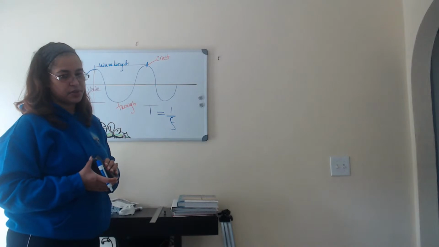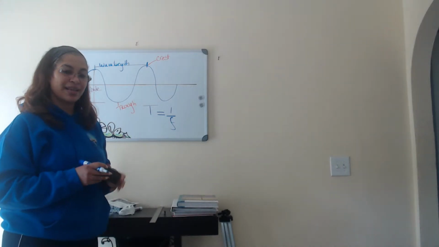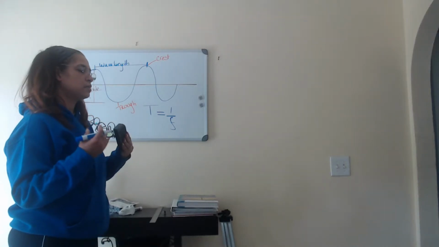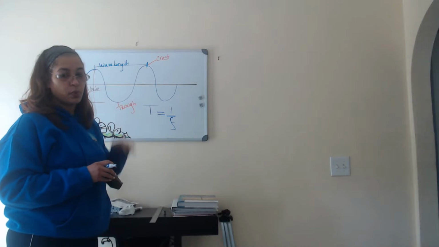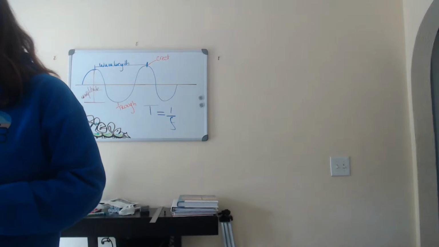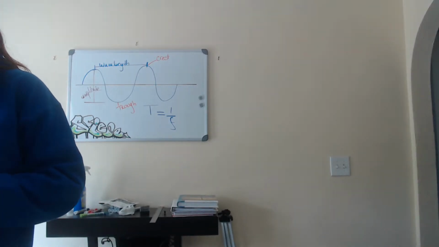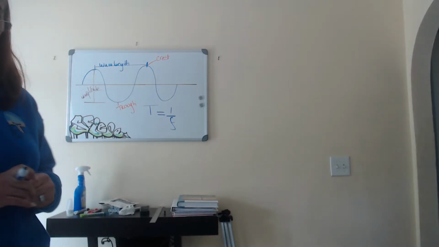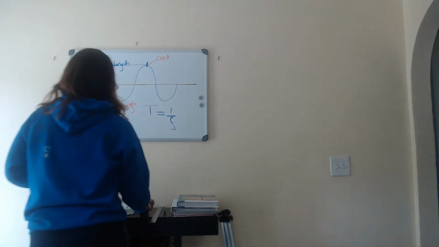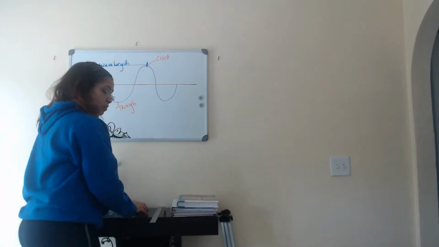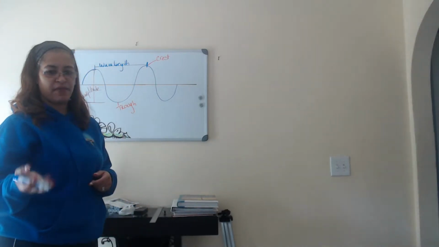Now, I don't know that you're going to have to use these formulas, but it's good to understand them, because if you don't understand them, when we get to high school, you might have a little bit of a problem. Okay, so for a sinusoidal wave moving at a fixed wave speed, frequency is inversely proportional to the wavelength. This is what you need to understand, and this is what I just finished explaining to you, but in a formula.